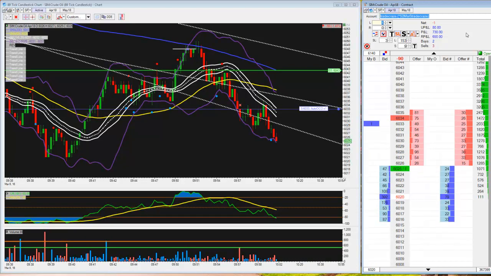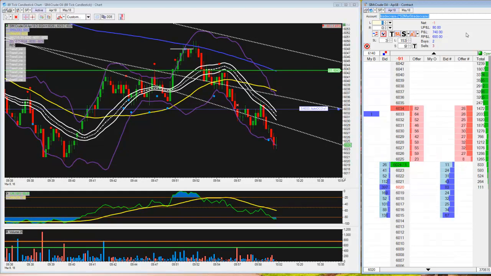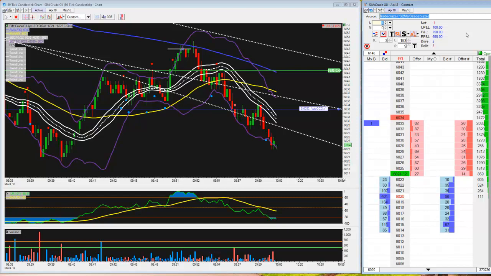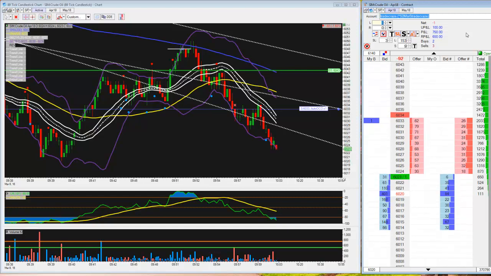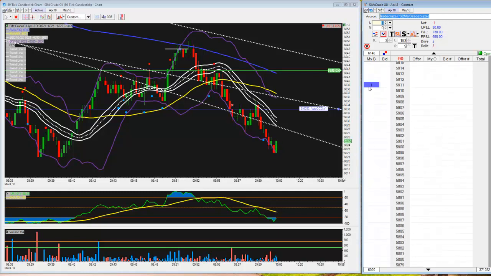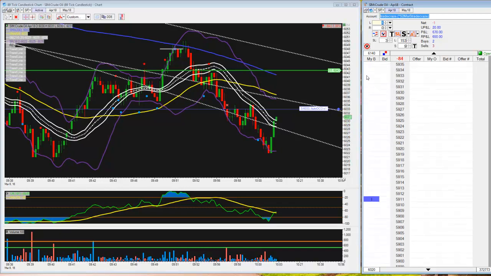Either works or it doesn't. I'm looking for a continuation move to bust through there. I'm just moving this up for now.